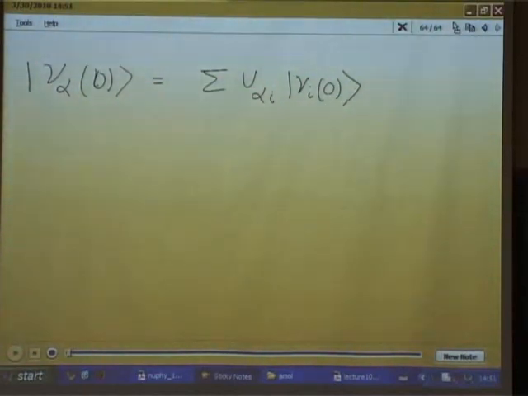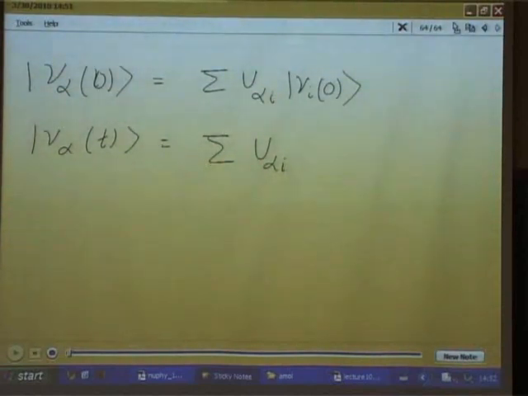So I convert that into the mass basis. At time t it will be U alpha i times nu i, which will have gained a phase, e to the power minus i E i t.